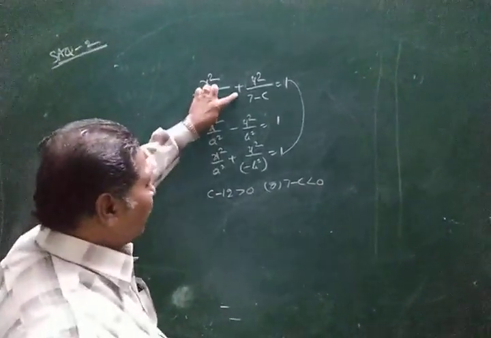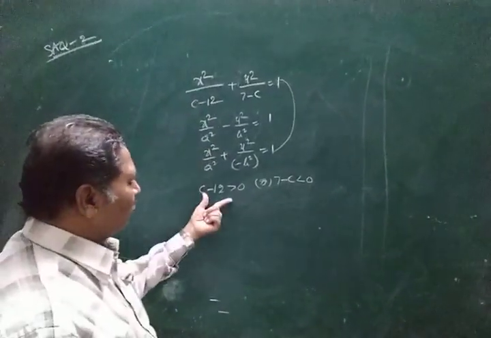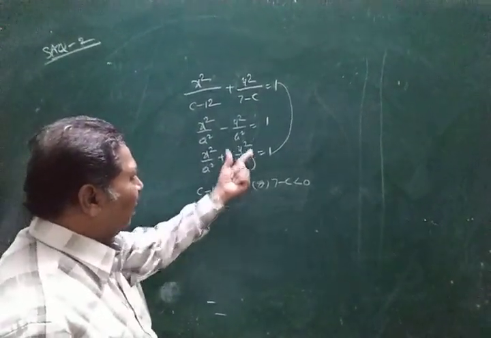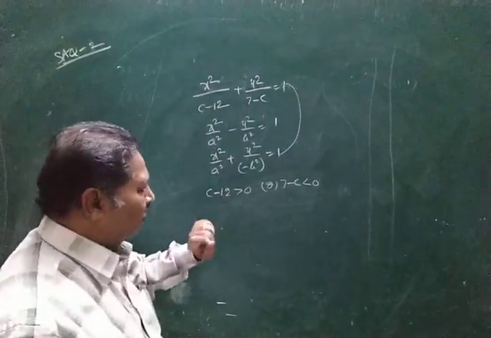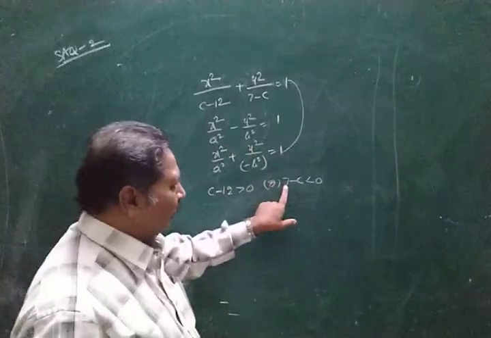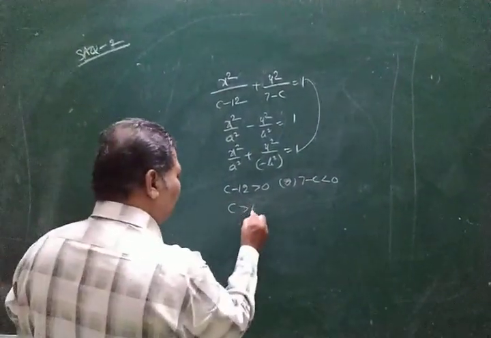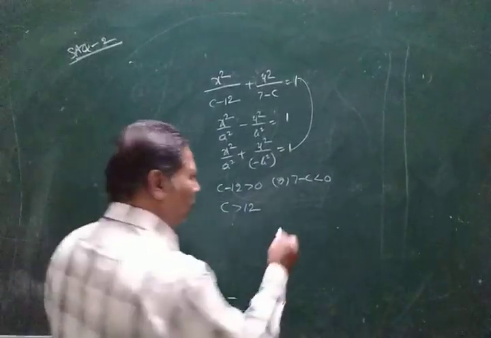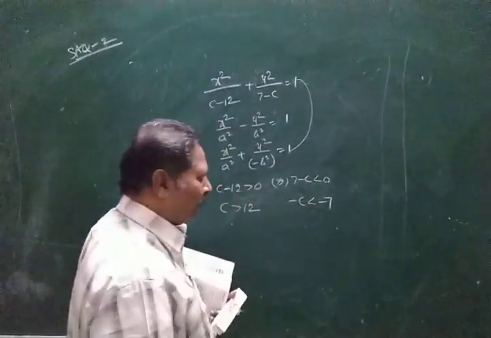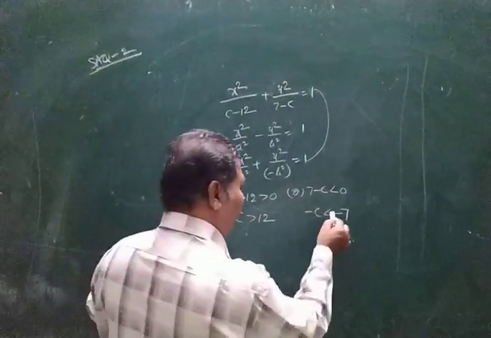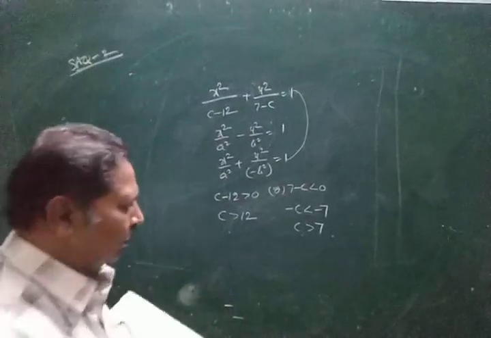When it represents a hyperbola, this is a positive value, this is the negative value. So c greater than 12 or c greater than 7.